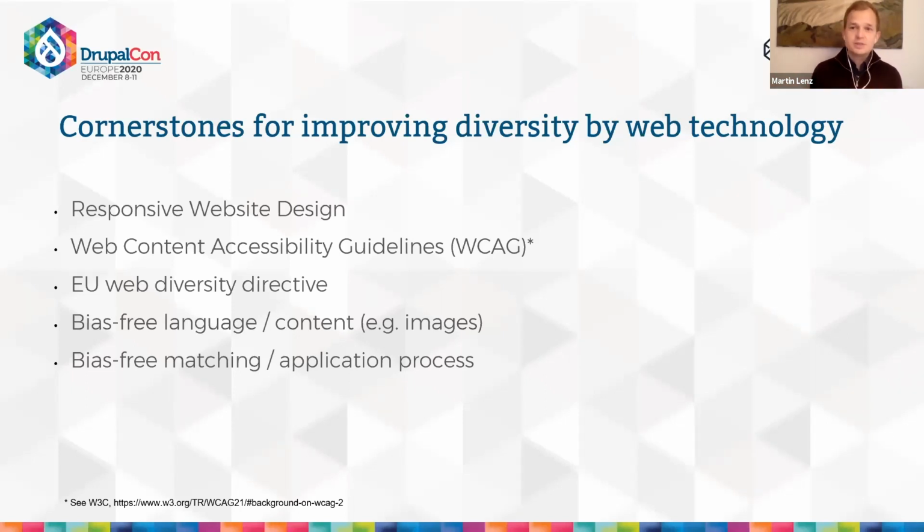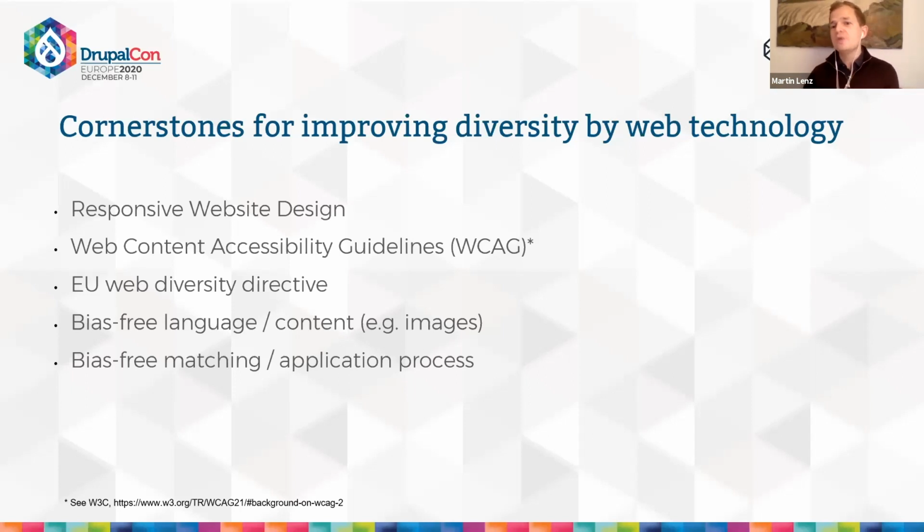So as I said, on the job market, very specifically, the way you structure and the way you write your job descriptions have a big impact on who will apply and who will find the job. And also when it comes to matching, some of you may have heard of Amazon using a machine learning algorithm that just based on historic data on what recruiting managers decided in the past to decide on who to hire.